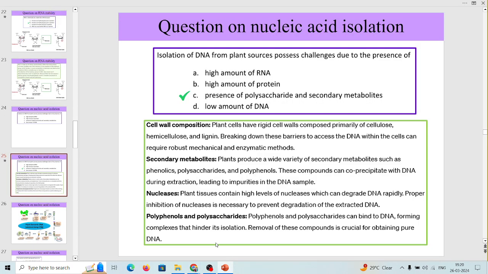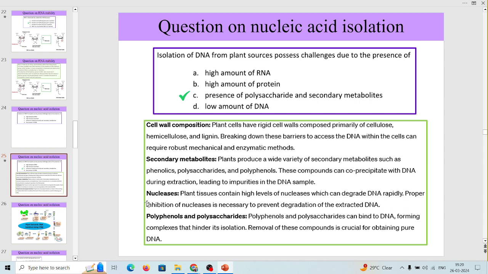Fine. So you can have a look at this. See the cell wall composition. It is made up of cellulose, hemicellulose, lignin. Breaking down these barriers to access the DNA within the cells can require robust mechanical and enzymatic methods. Then again, secondary metabolites like phenolics, polysaccharides, polyphenols can interfere with the DNA isolation procedure.